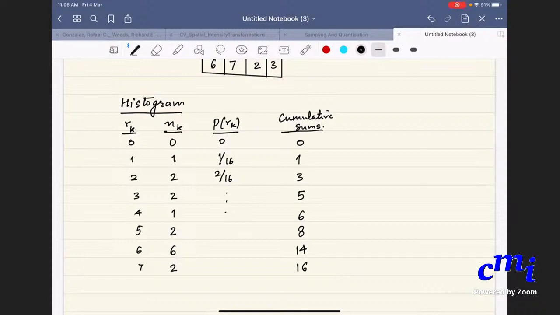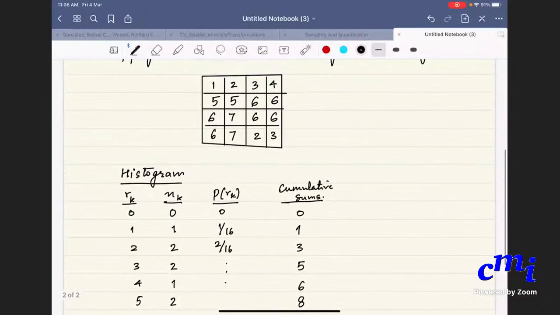Once we have got these cumulative sums, remember what s_k was. If you want to do histogram equalization, the idea was that you have the intensity variable r, and then you apply some function T to it to generate an output image s.